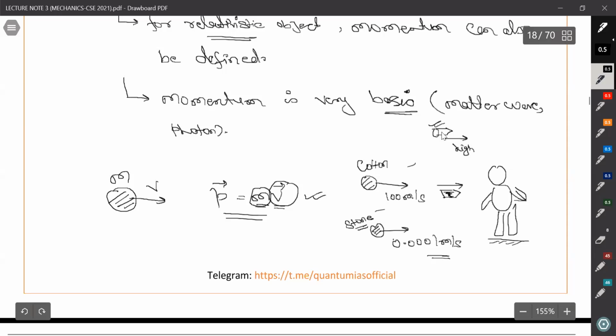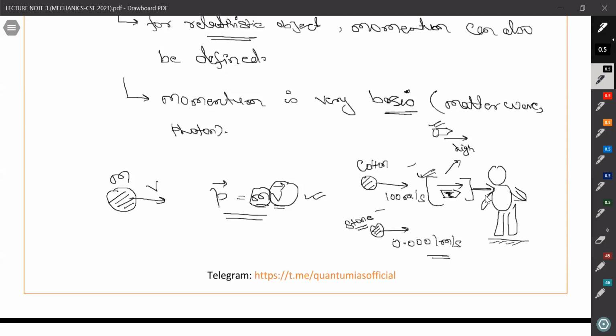Ultimately, mass into velocity, its momentum is very high. And if I shoot a bullet at you, you know the consequences. So it's the momentum that basically matters for any collision, for any effect.